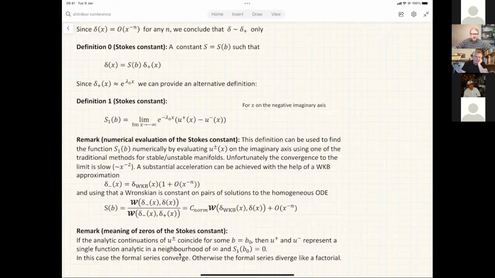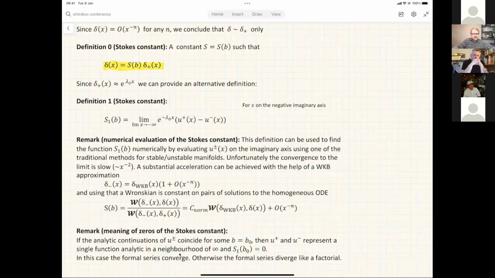But one important thing is I would like to stress the geometrical meaning of a Stokes constant. So if a Stokes constant vanishes, then it implies that delta is equal to 0. That implies that u plus of x and u minus of x coincide, and so they form a single analytic function in the neighborhood of infinity.